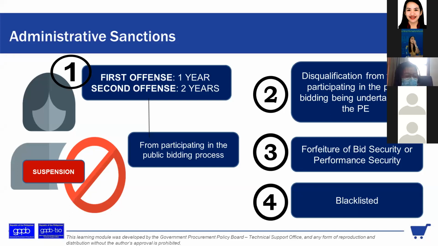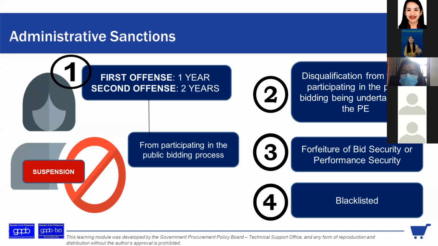Now, let's go to the others also. Disqualification, kasama na yan. Pwede din silang ma-forfeit yung bid security nila. If ang grounds for suspension, it refers to those grounds na during bidding process, no?